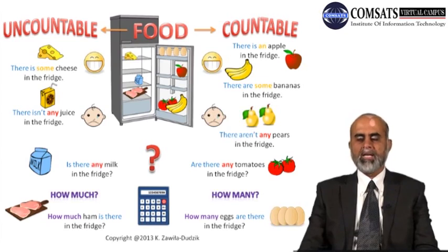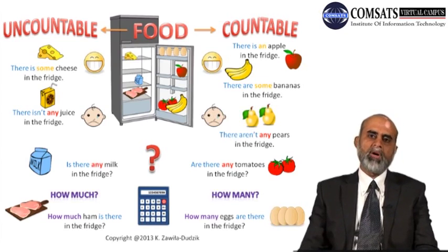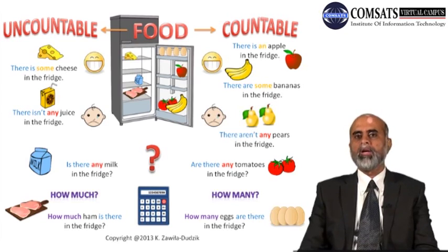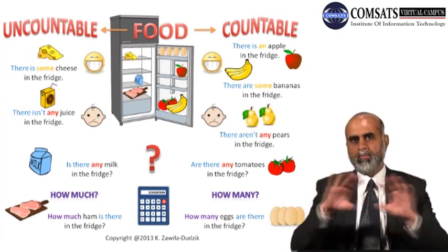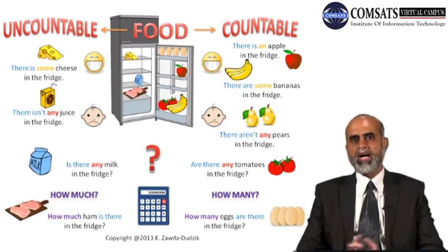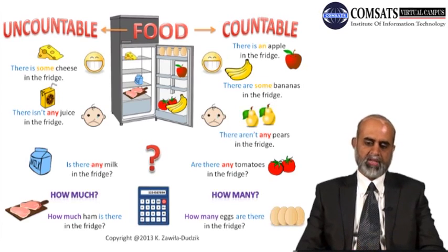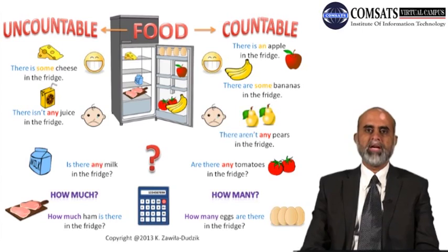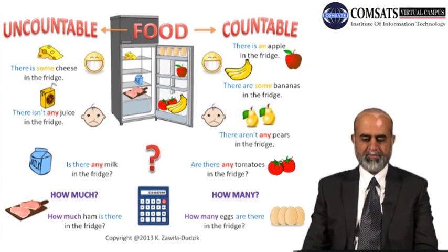That will be unnatural English. Instead we would say 1 piece of bread, 1 slice of bread, or 1 loaf of bread if it is the whole bread. So in other words, we will need a measuring unit with it. We can count the measuring unit, but we can't count the object itself. There are many other food items that are uncountable.